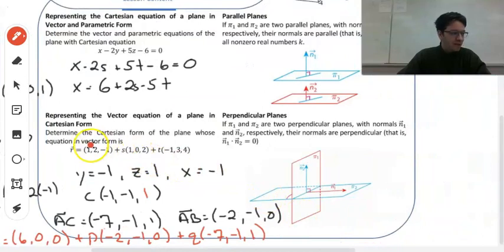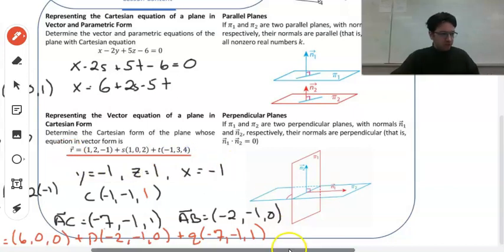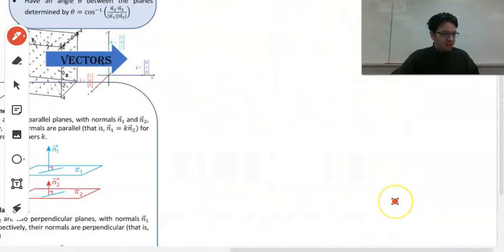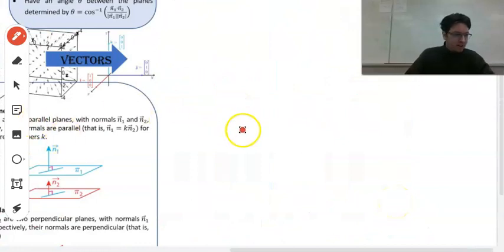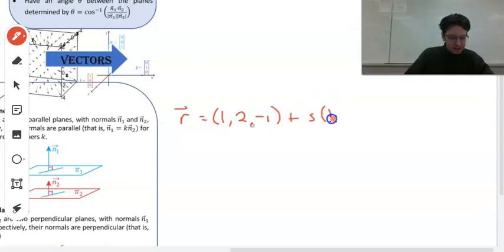Now how can we go from this vector equation and create a Cartesian equation? So let me rewrite this vector equation over here so I have some room. So it was R equals, so we have a point, a known point, and then we have 2 direction vectors, S, and let's go with T, just because it looks like my plus, and that'll just confuse everybody.